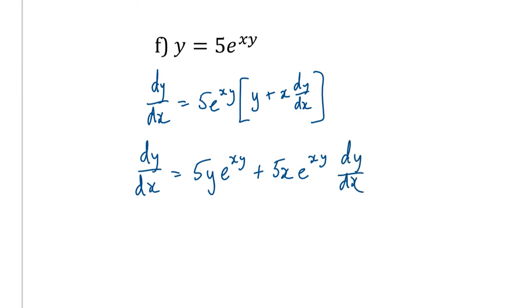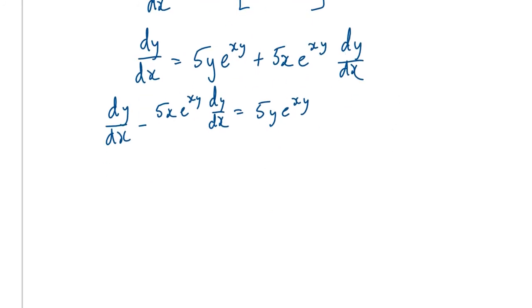Okay, moving all the dy by dx's to the same side. 5x e to the xy dy by dx equals 5y e to the xy. Factoring dy by dx out.